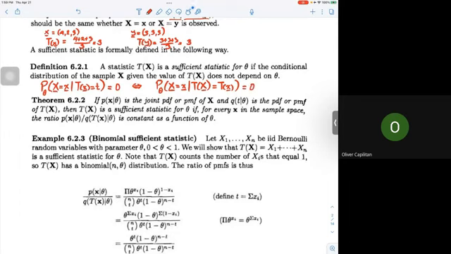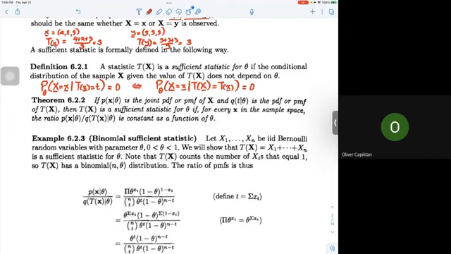So theta here is the parameter of our sample bold x. So we have our working definition, and to show that the statistic T is a sufficient statistic, we must show that this conditional probability will be equal to 0.